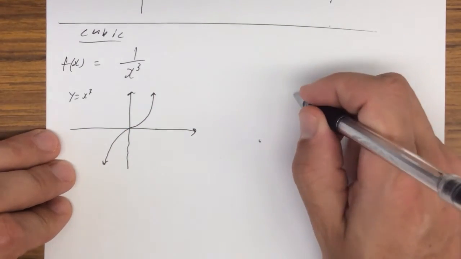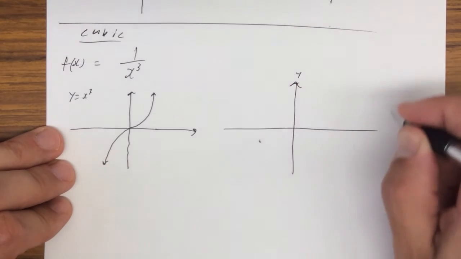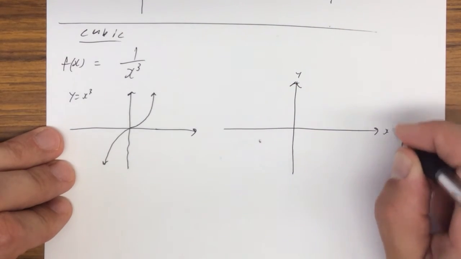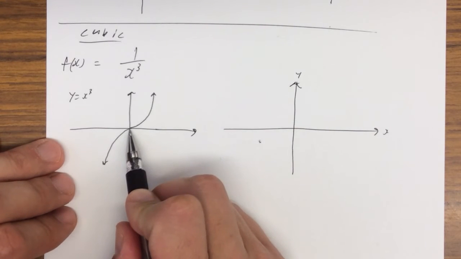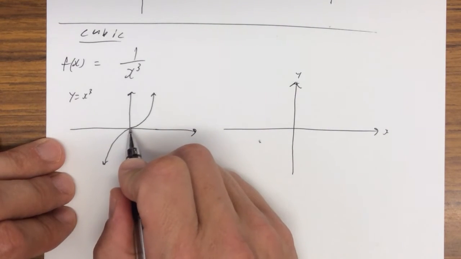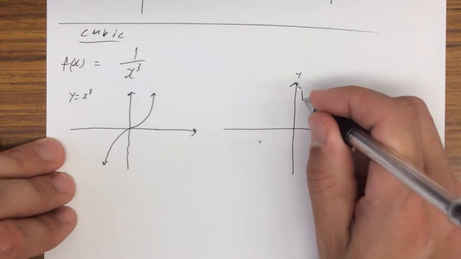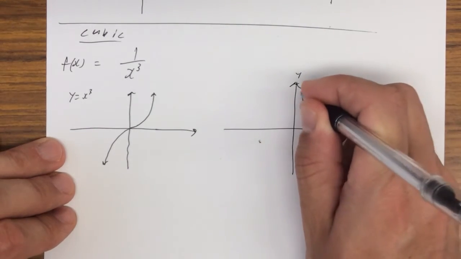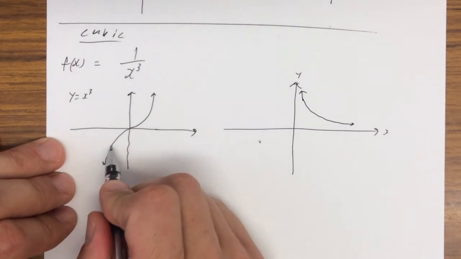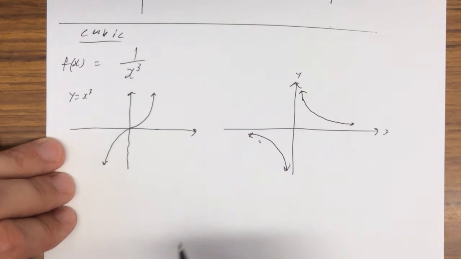And then y equals 1 over x cubed. Well, 1 over 0 can't do, so you have a vertical asymptote there. And then you're doing 1 over small y values here, big, and then 1 over big y values here, which is small. And then the same thing on this side, but only negative. So it looks a lot like 1 over x.